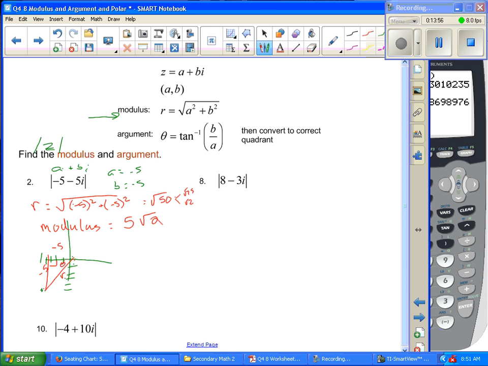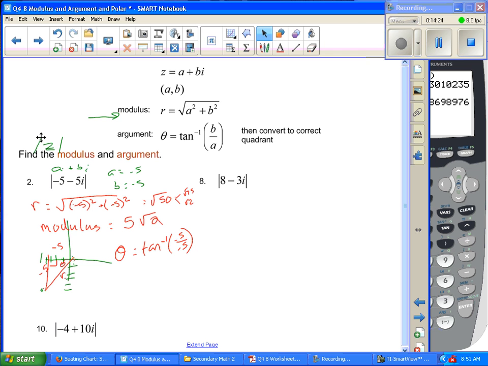So for the argument, I just have to plug it into this formula, inverse tangent of B over A. The reason I'm doing this formula is because if I look at this right triangle, tangent is opposite over adjacent, which would be negative 5 over negative 5, and then do the inverse, so you get the angle measure. So theta equals inverse tangent of negative 5 over negative 5.